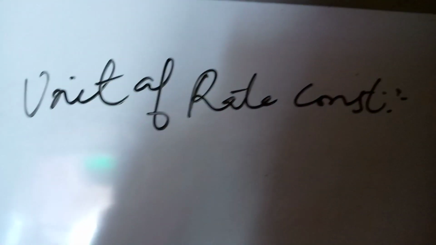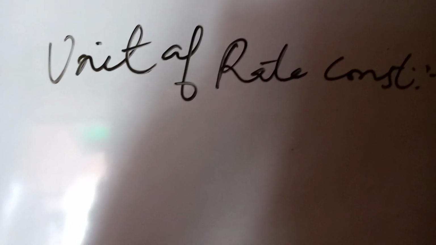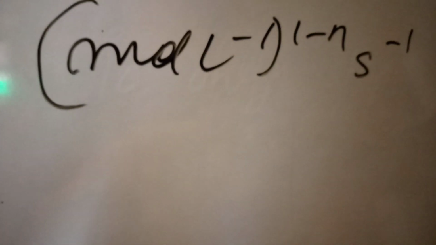Now we have to know the unit of rate constant. What is the unit of rate constant? It is mol L^-1 to the power (1-n) s^-1. This is the unit of rate constant. Now, activation energy.